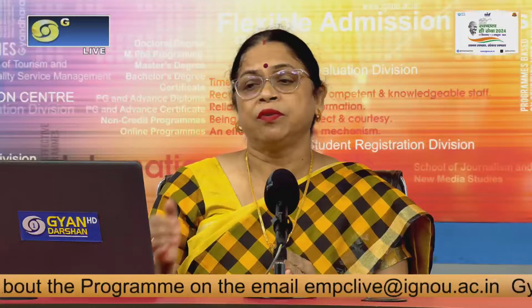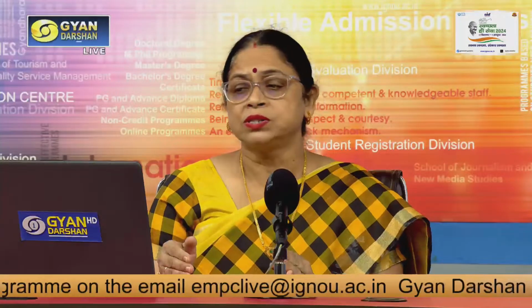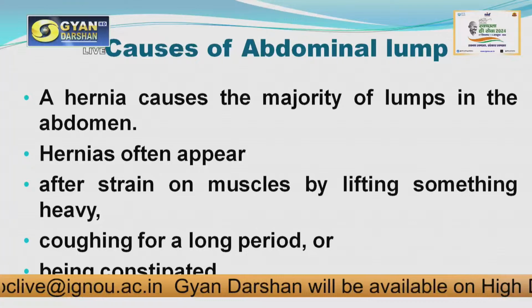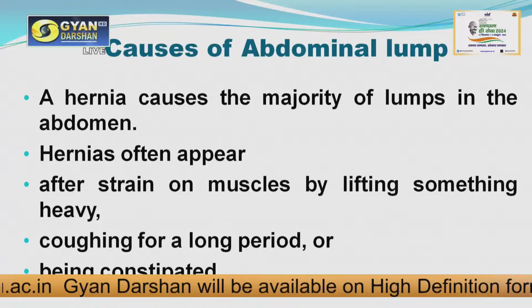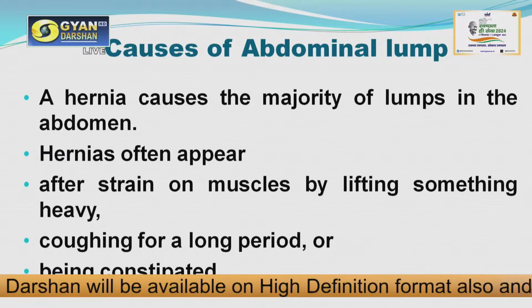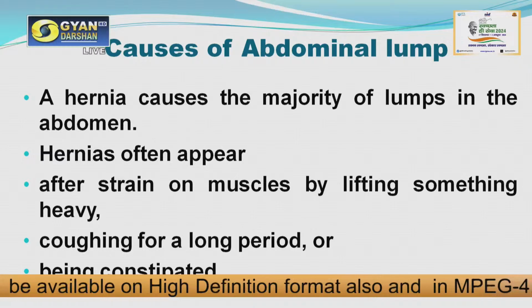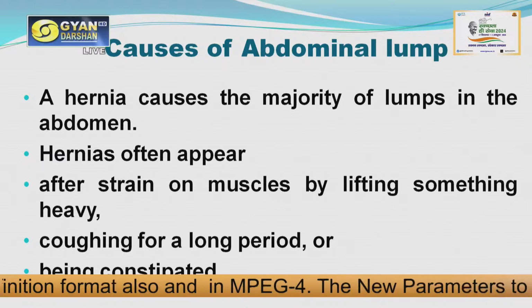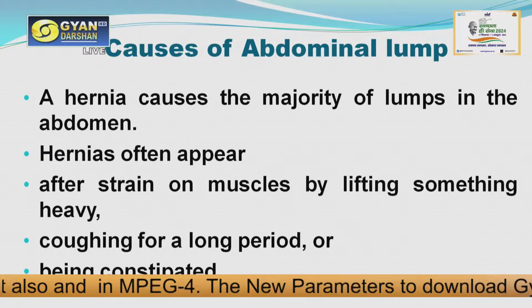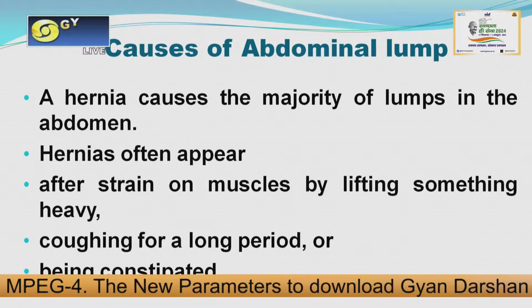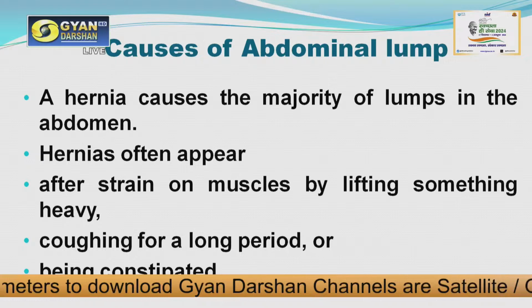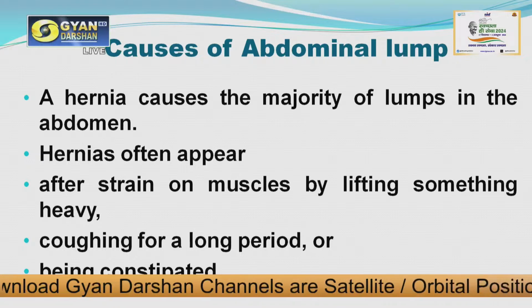So what all are the causes of abdominal lump? Usually the hernia causes the majority of the lumps in the abdomen. So when we say the lumps in the abdomen, they are mainly the hernias. Hernia often appears after strain on the muscles. When you are putting some strain on the muscle, it can be due to lifting something heavy.